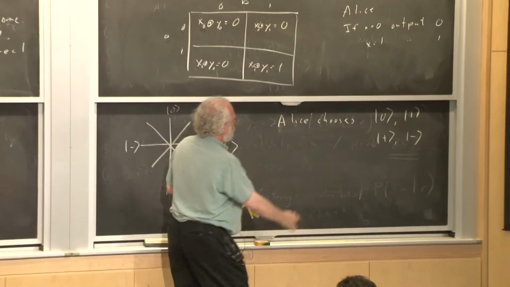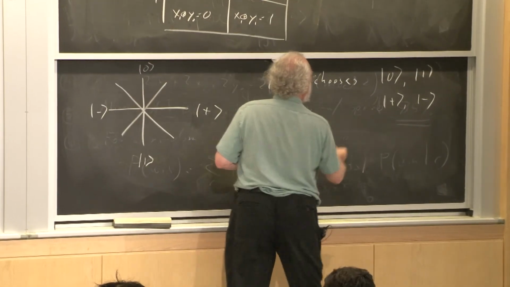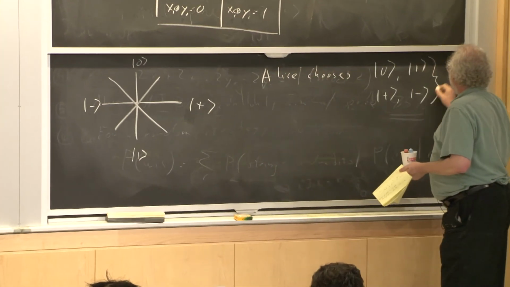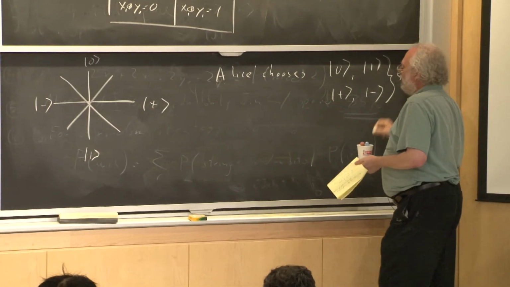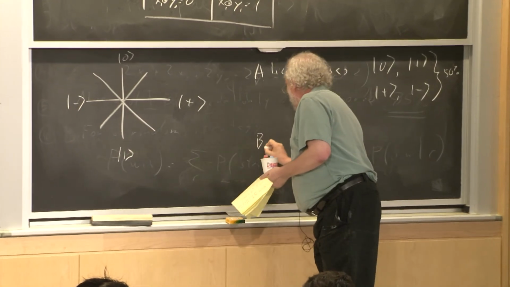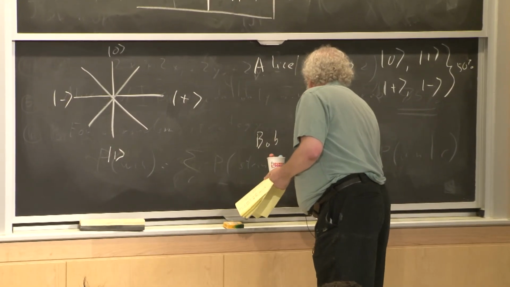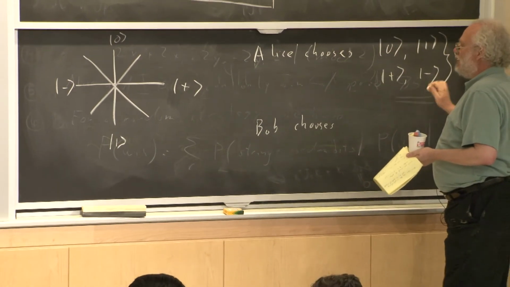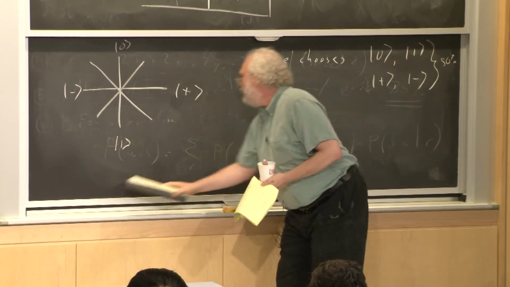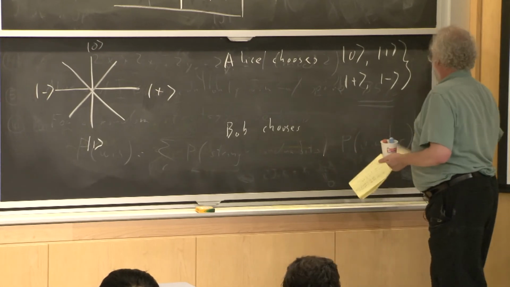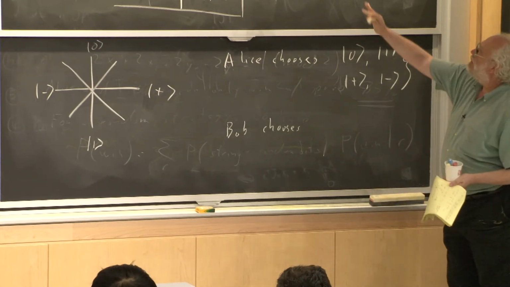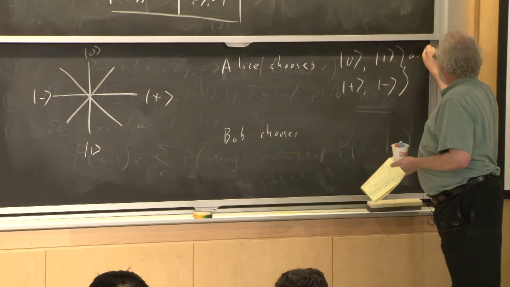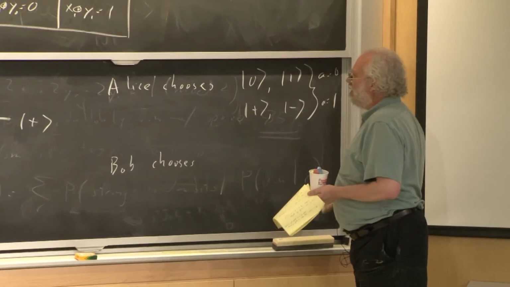And I want to say Alice chooses 0, 1, or plus, minus with probability 50%. And Bob chooses, no, not with probability 50%, depending on what bit A was. So A equals 0 and A equals 1.